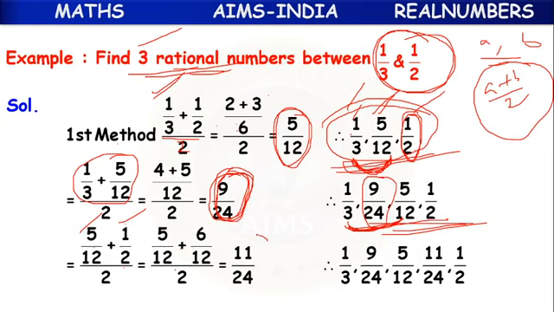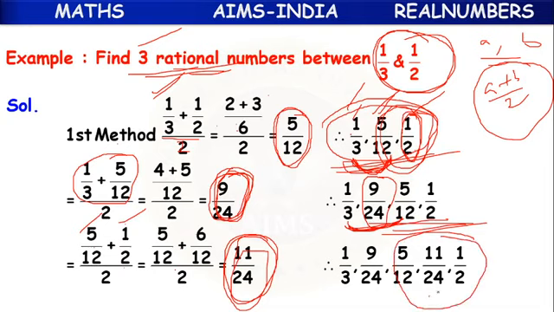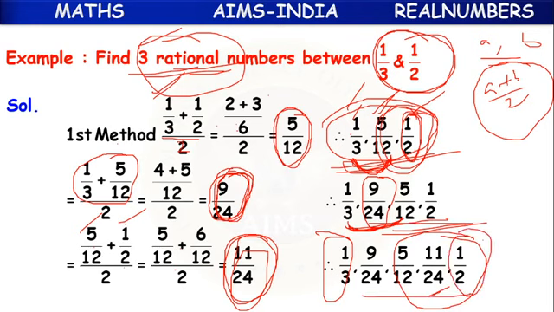After simplification, we got 11/24. Where will it lie? Between 5/12 and 1/2. Like this we have inserted three rational numbers between 1/3 and 1/2.